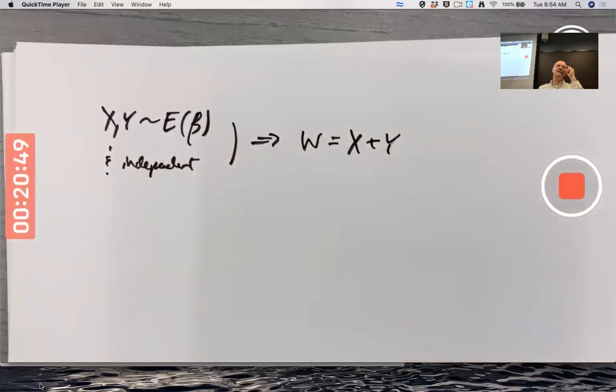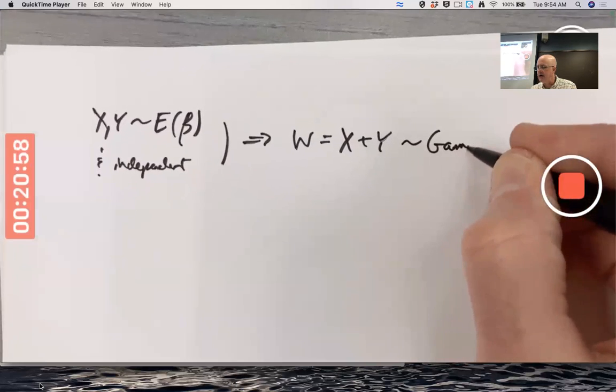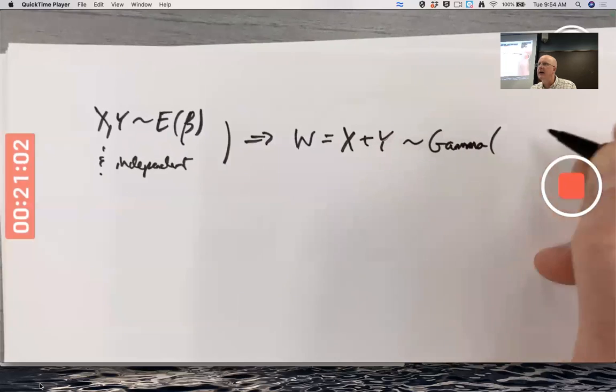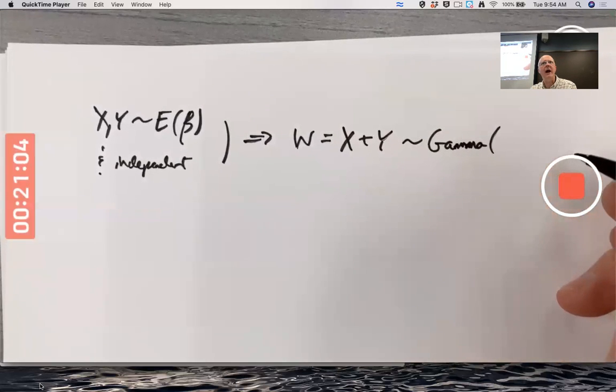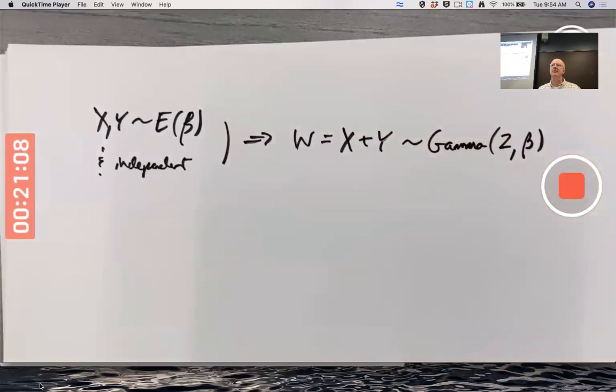What we saw before spring break is that this turns out to be gamma with parameters alpha and beta where alpha was 2. Remember that?